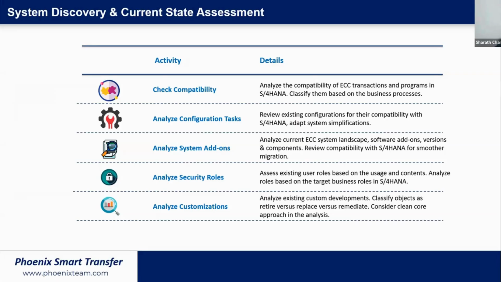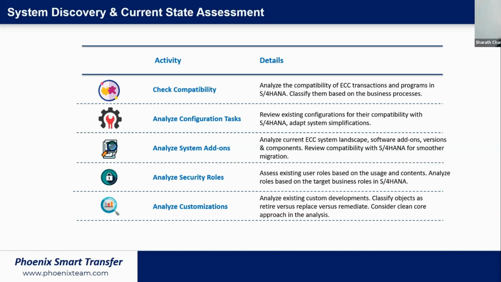For example, you have something like a material ledger, which is a mandatory setup that you cannot avoid as part of inventory valuation in your S4HANA journey, or document splitting that needs another configuration review as part of your finance process. It also gives you its own analysis about the existing system add-ons on the ECC, whether it's SAP or non-SAP.